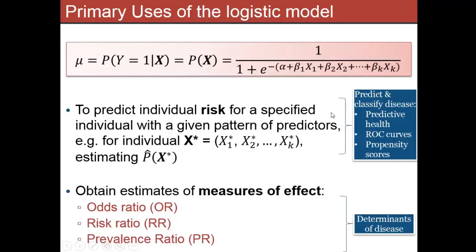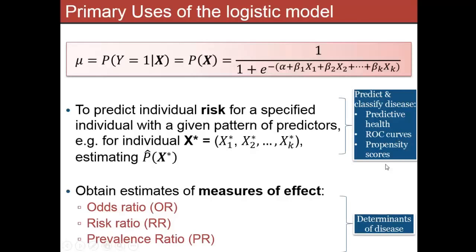This is about the third thing I had on that slide, the prediction and classification business. What you could do with this model is you can say for somebody with a given set of X, what's their risk of developing the outcome? So that's about prediction modeling. And then we're going to talk about something called ROC curves, which is a way of evaluating the predictive ability of a model.